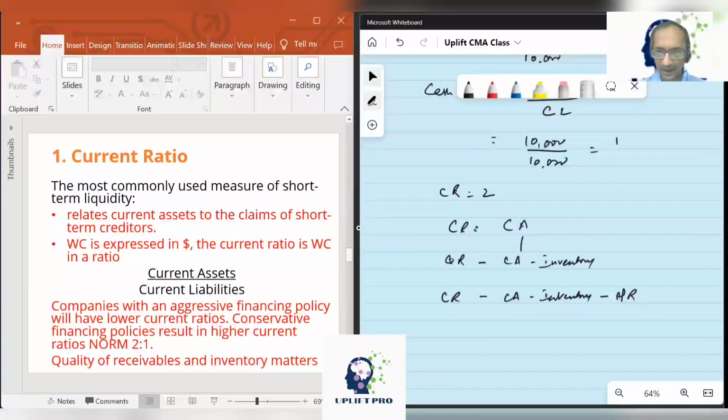So you see, as it progresses, you're only considering those assets which can be converted into cash, or are already in the form of cash.